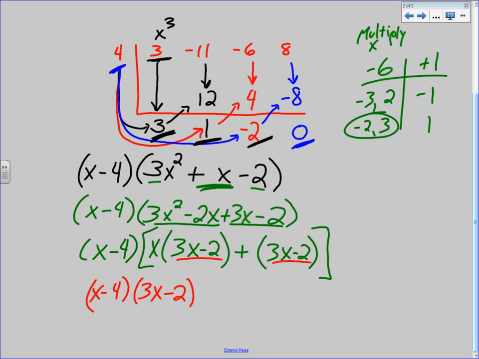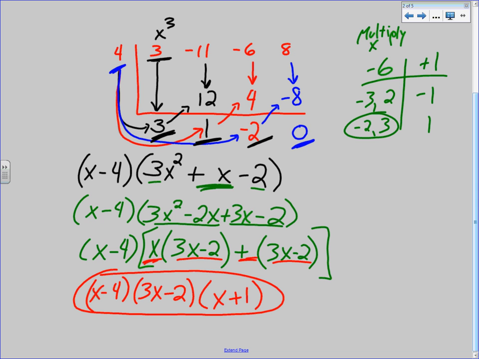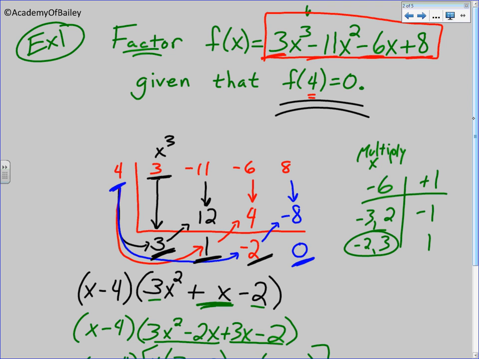And then this number here and this number here get put in the third parentheses, x plus 1. So now we have the three factors of our original function. When you split that up, you get those three factors.